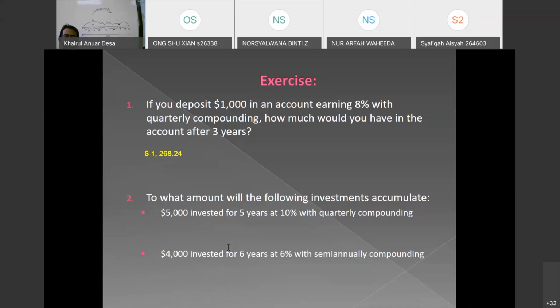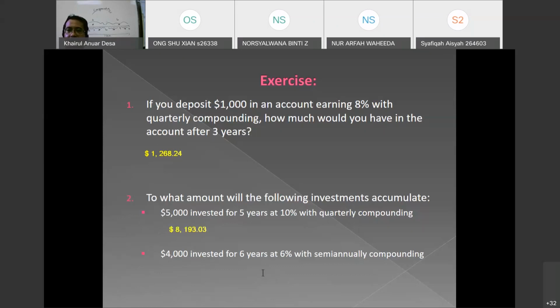Okay, soalan nombor 2: 5,000, 5 years, 10% quarterly. And the last one here is 4,000, 6 years, 6% semi-annual. Okay, here, 8,000. 193.03.